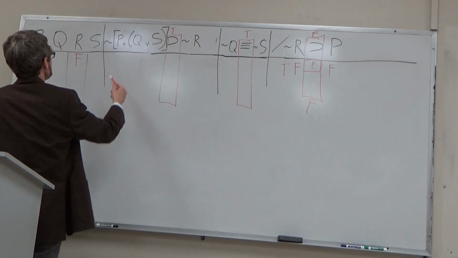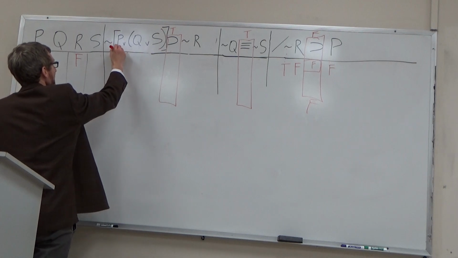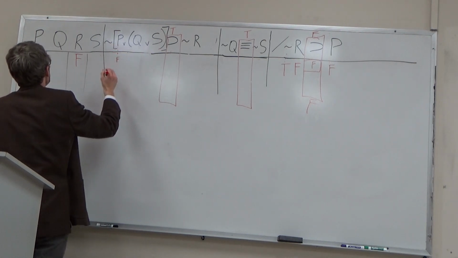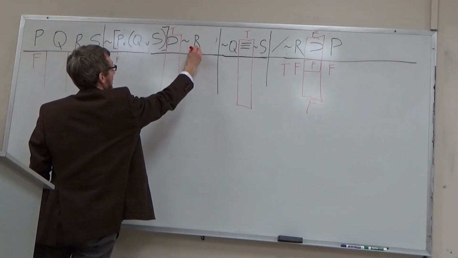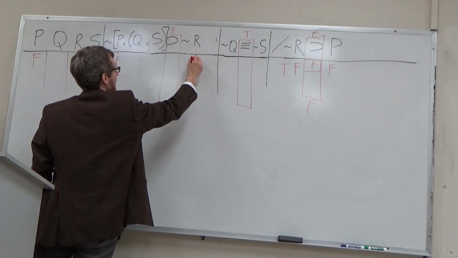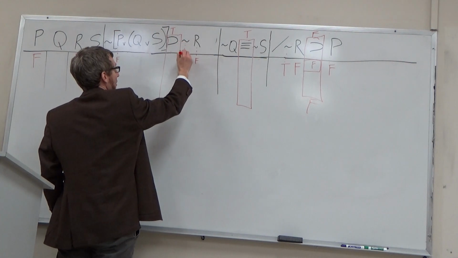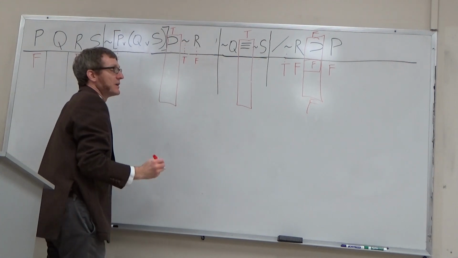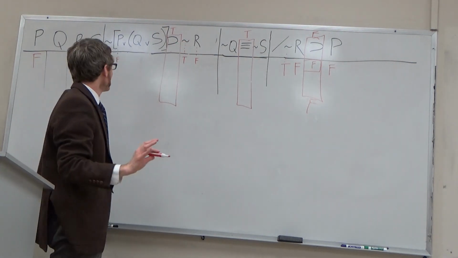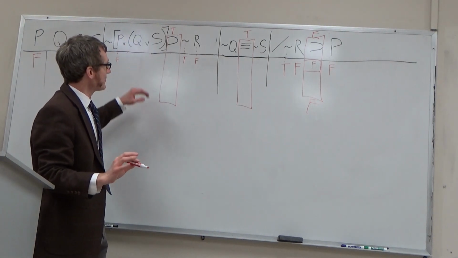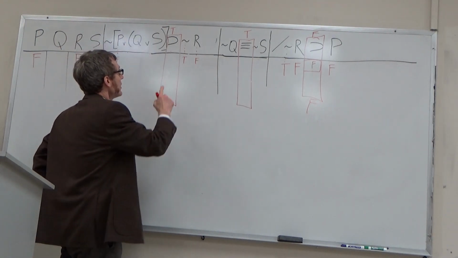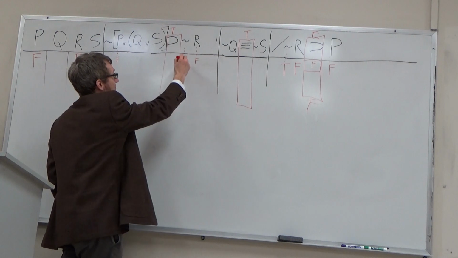So we'll start here. We know that P is false. We know that R is false. And that means that not R is true. Now right there, already, even before I work through all this, I already know that this line is true.